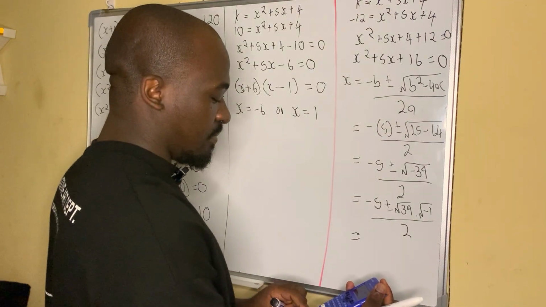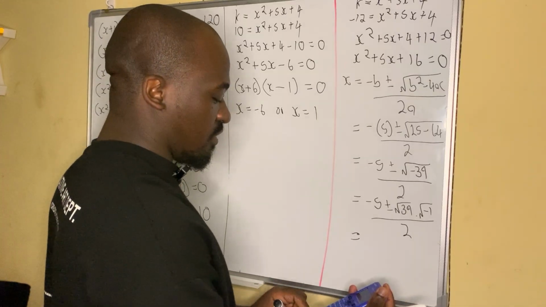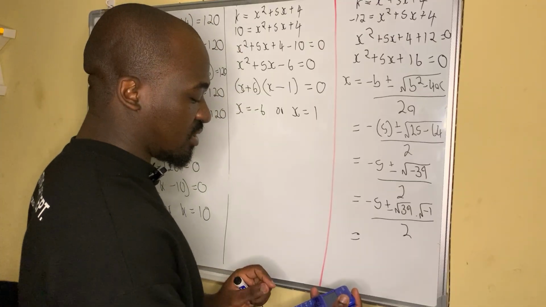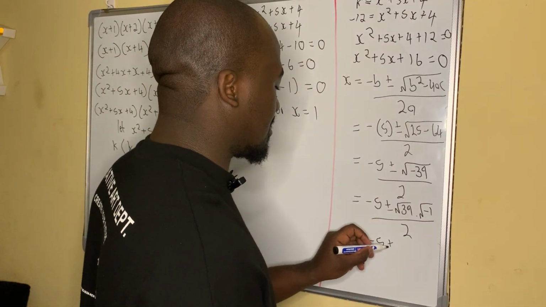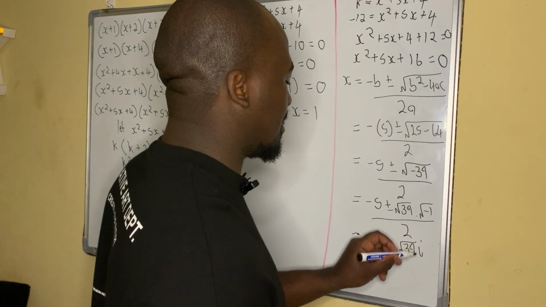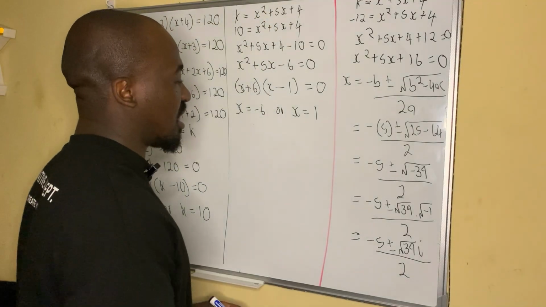Okay, so we're going to leave it as negative 5 plus or minus square root of 39 i, over 2. Then these are the two solutions again of x.